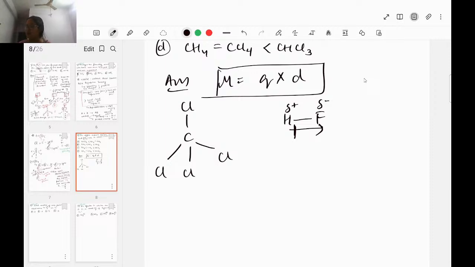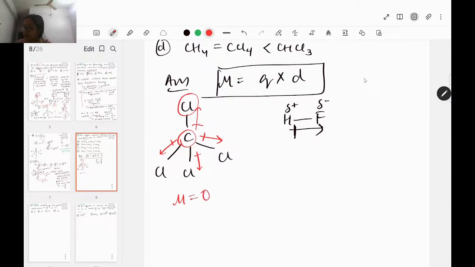The structure is very important for us to find out the resultant dipole moment of the molecule. In this case, one arrow is going over here, one arrow goes over here in this direction, and one arrow goes over here. Why? Because carbon is electropositive and chlorine is electronegative. So as a result, the resultant dipole moment is 0. Why is it 0?